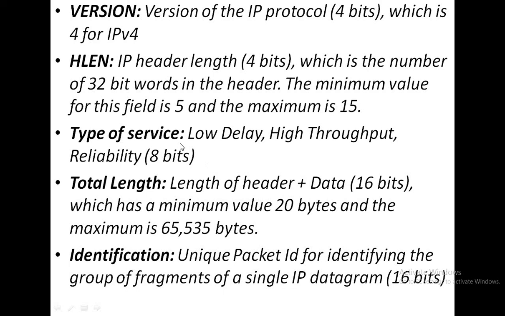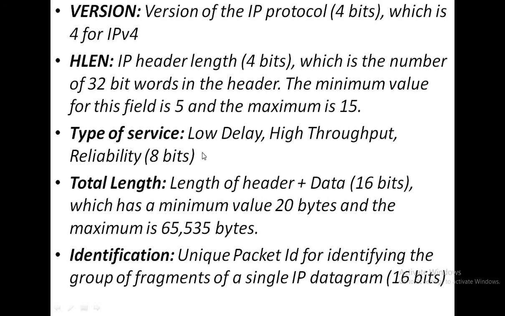Types of service defines 4 ways, as I have told you: DTRC, that means delay, throughput, reliability and cost. It depends on 4 factors. So that is types of service.